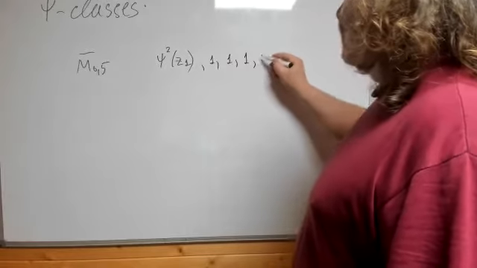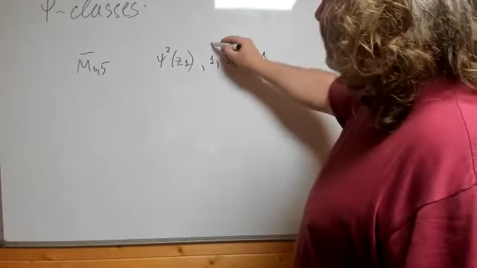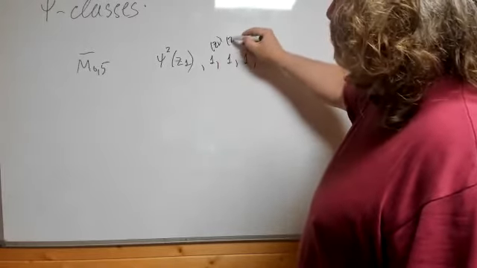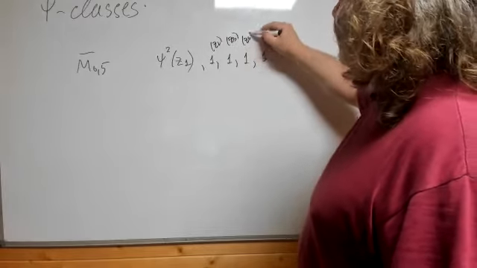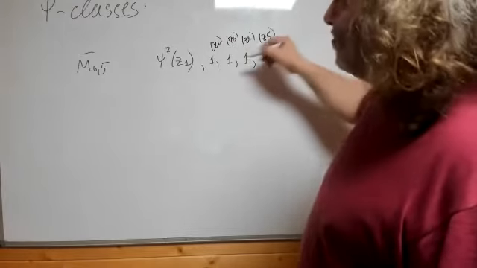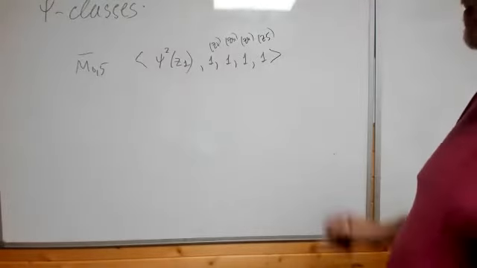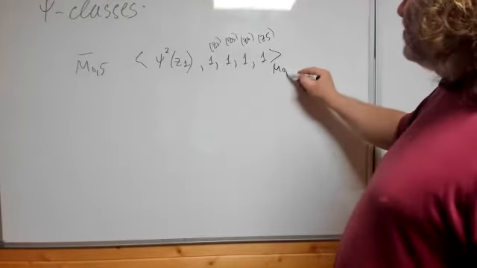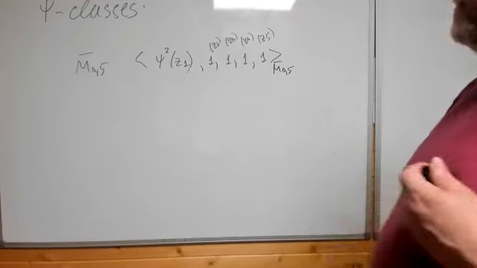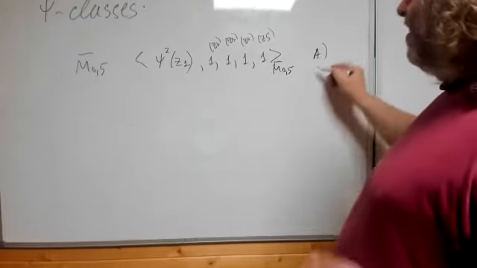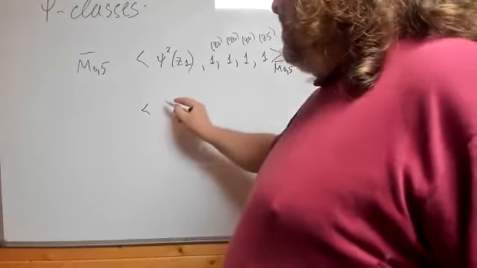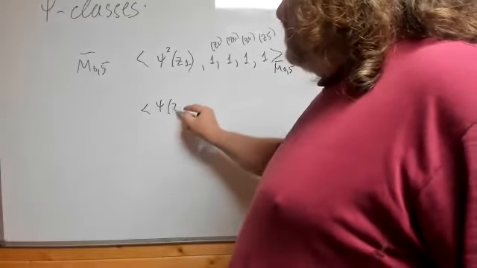I'll write it like this. I will omit this standard Z2, Z3, Z4, Z5. So I assume it. So this is over M05. So it's case A. And there is also case B. Interesting.